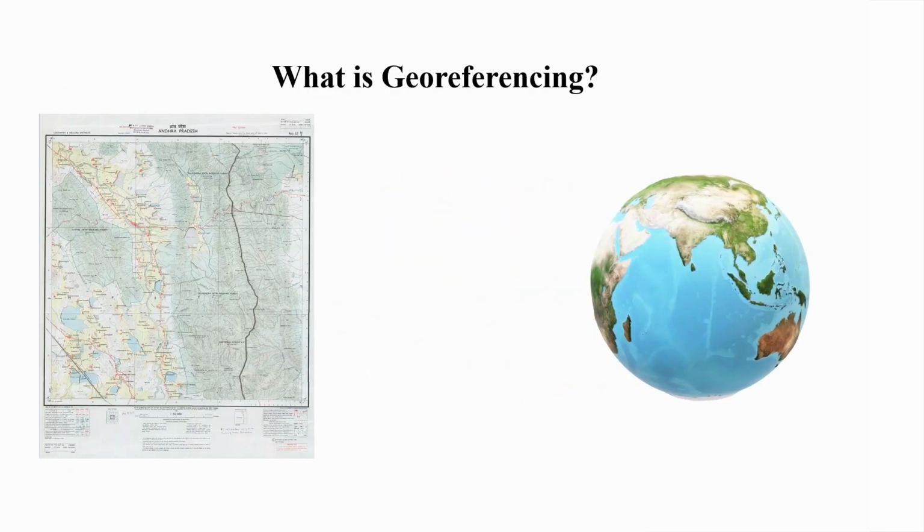In these two pictures, on the left-hand side is a Toposheet, and on the right-hand side is our globe.